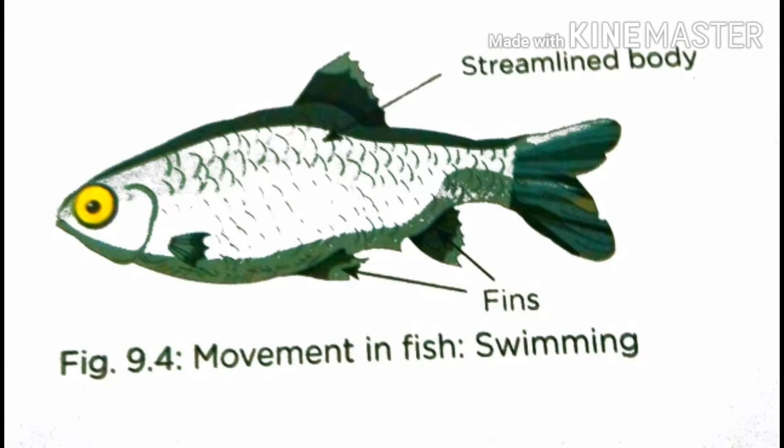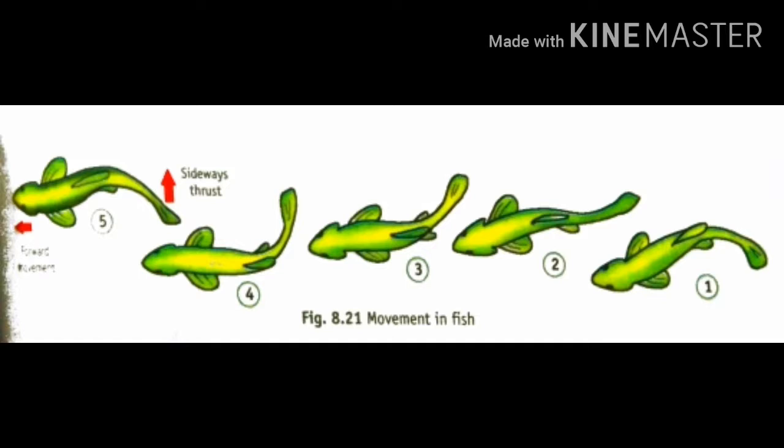When the front part of the fish curves to one side, its tail swings to the opposite side. See the fish, it moves in a zigzag wavy pattern. It helps the fish to move forward.